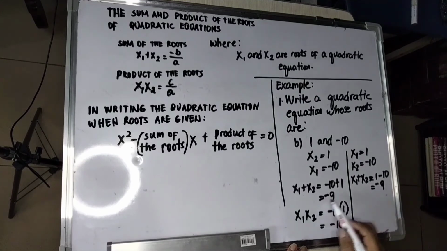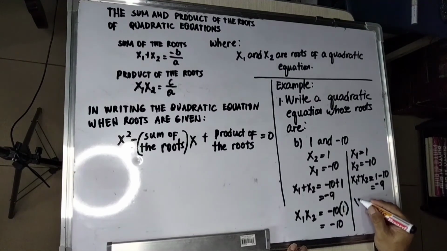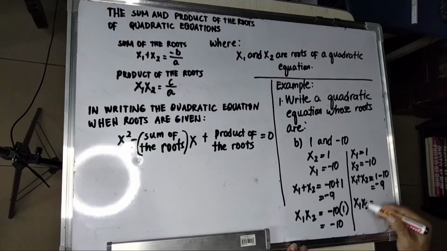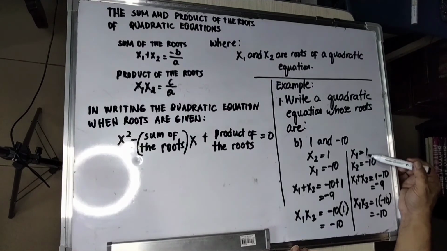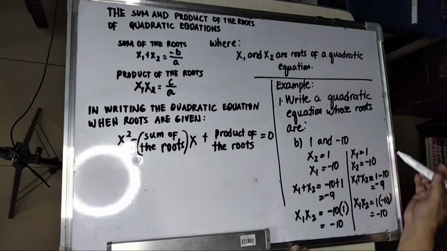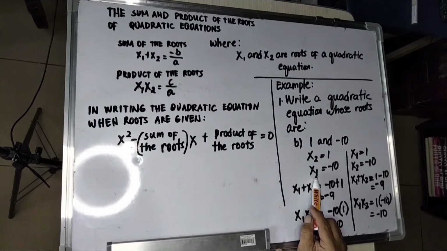So these two are the same. For the product, x sub 1 times x sub 2 equals 1 times negative 10. Then we have 1 times negative 10 is negative 10. So the sum and product of the roots are still the same whether we interchange the roots, whether we have x sub 1 as 1 and x sub 2 as negative 10, or x sub 1 as negative 10 and x sub 2 as 1.